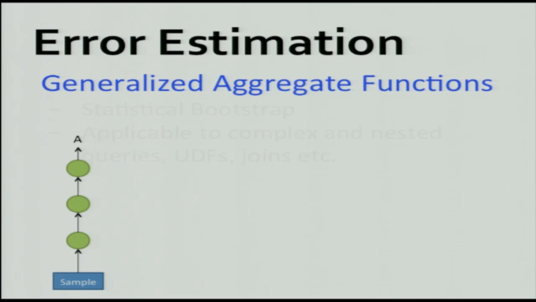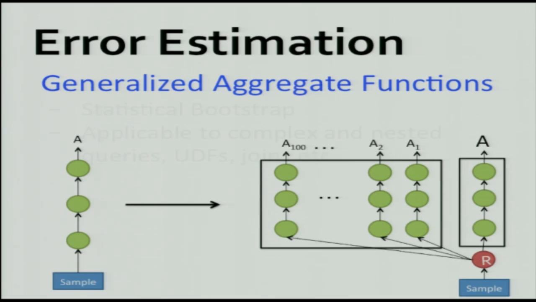So as far as the plan rewriting is concerned, if you have this particular sample and you have a particular query that produces an answer A, what the bootstrap would do is execute on the sample of data, and it would insert this resampling operator in the query graph. What this resampling operator does is it reconstructs resamples from this original sample, and you have essentially multiple instances of the same query operating on these so-called resamples of data.